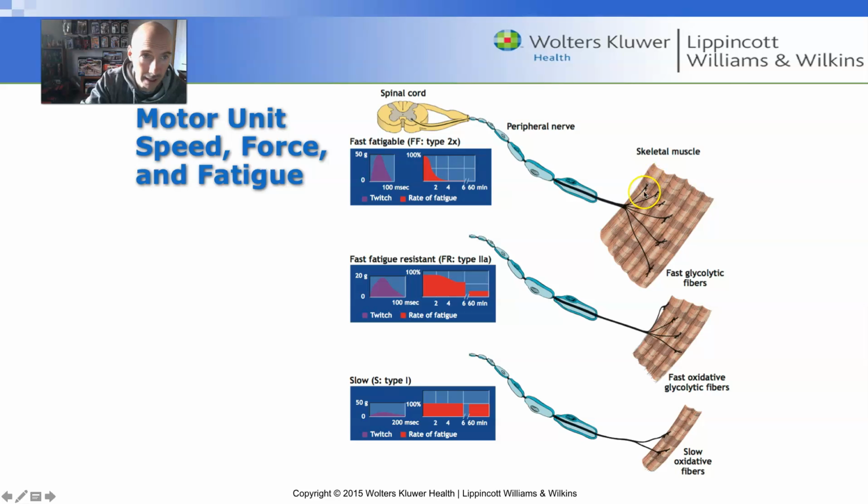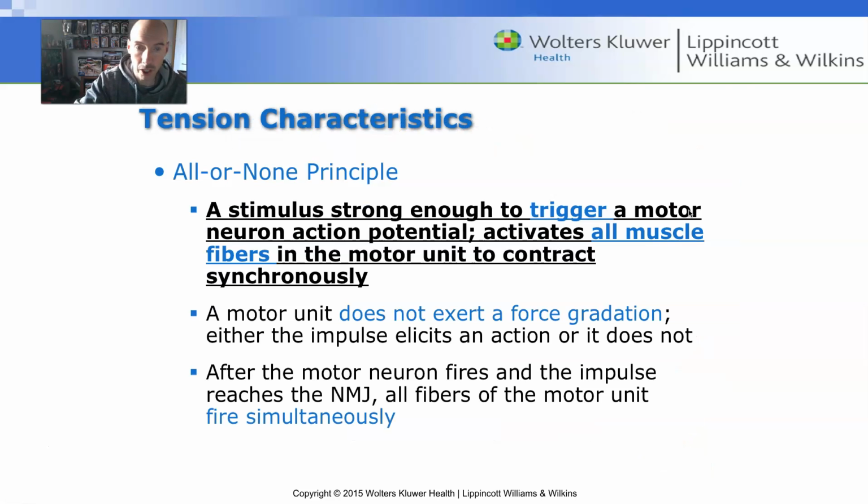If one of them is activated, all of them are going to be activated because they're all stimulated by the same motor neuron. So once this motor neuron sends the signal, every single fiber it's attached to is going to produce force, right? So that's what the all or none principle states, okay? They're all going to activate synchronously, which means at the same time.